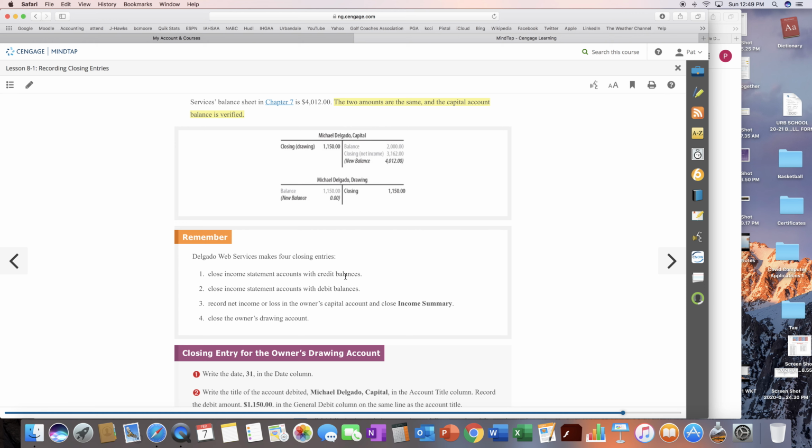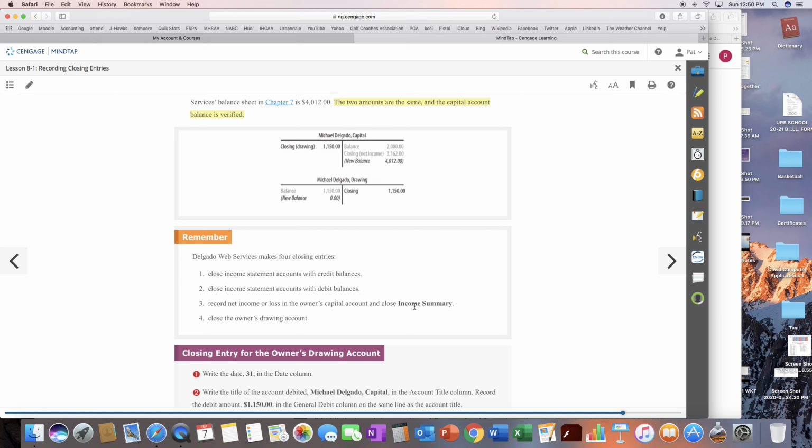Closing the income statement accounts with credit balances, we closed sales. Close the income statement accounts with debit balances, we closed expenses. Those will never change. We record net income or net loss by closing income summary. If it's a net income, you increase capital by crediting it, so you debit income summary.